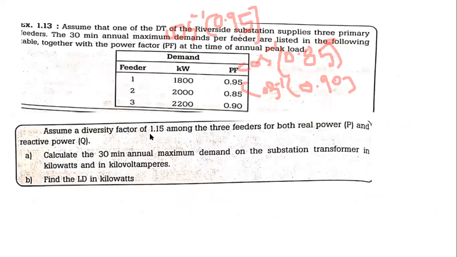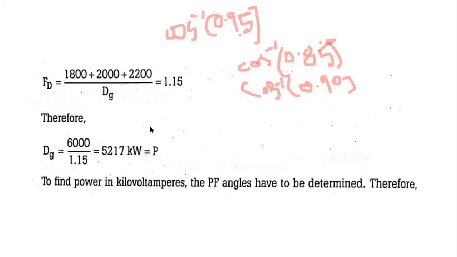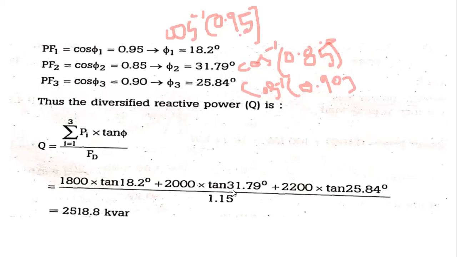Diversity factor is 1.15. Okay, the apparent power will be 2518.8 kVAR. This is the formula for finding the Q value.